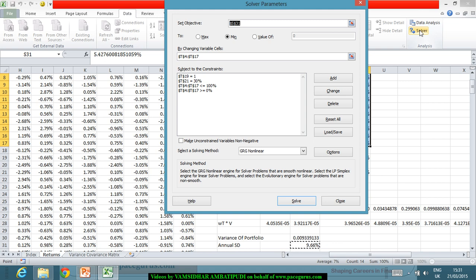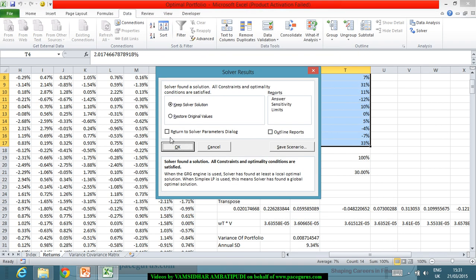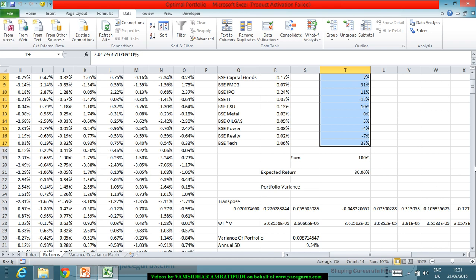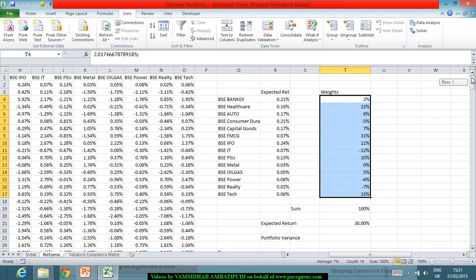So what is the situation that is getting created? These two constraints, I'll directly remove them. If I remove them, saying only the summation should be 100 and the 30% should be the return for the portfolio, there is more flexibility in my weights. Now if I ask Solver to solve it, yes, it has given a better solution with a few negatives.